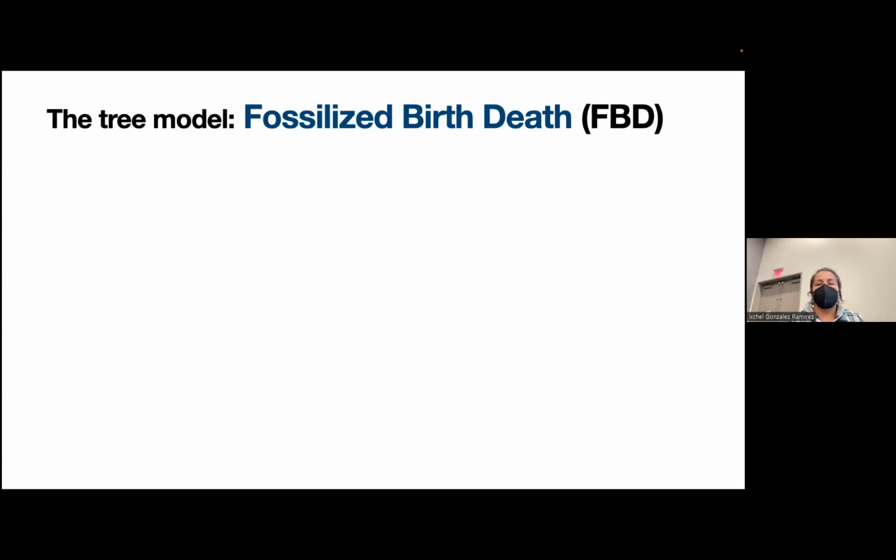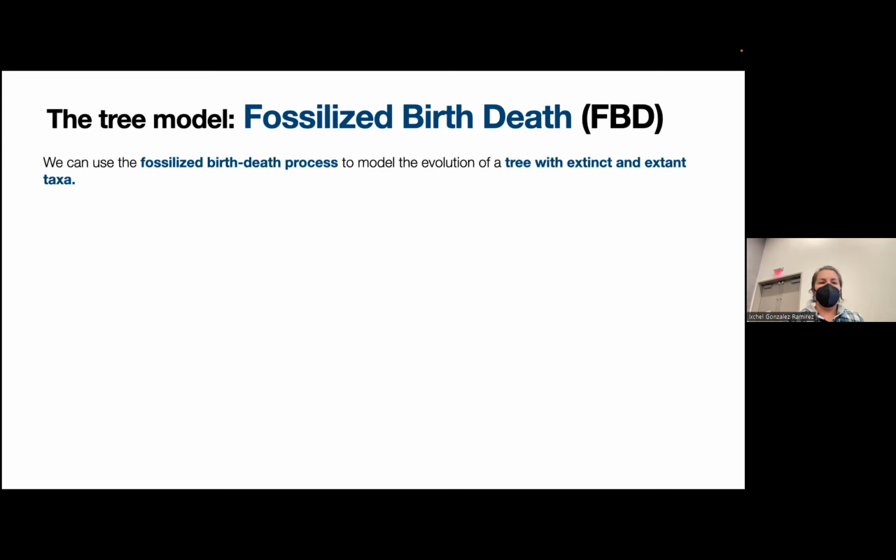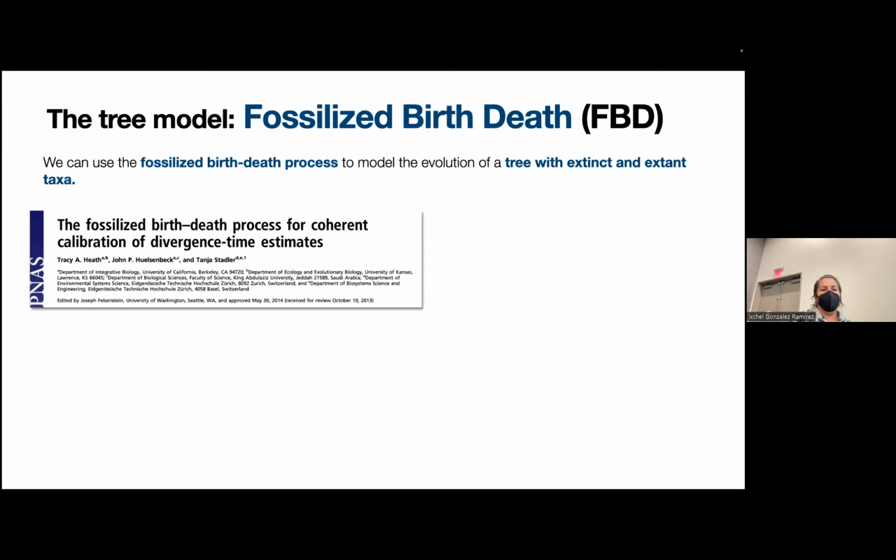So let's go a little bit in depth about this model. This tree model comes from a process that has the same name, right? So why do we like this model? Well, first, it was described by Heath and collaborators.